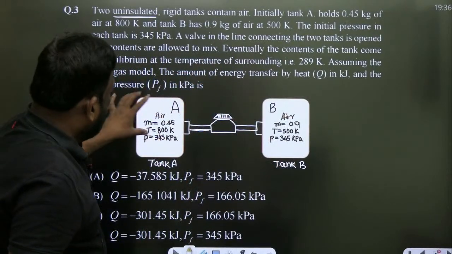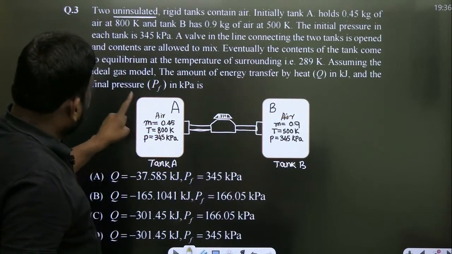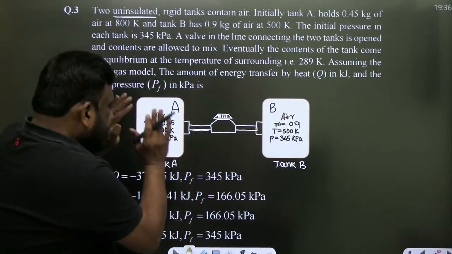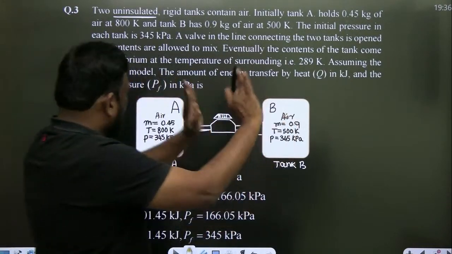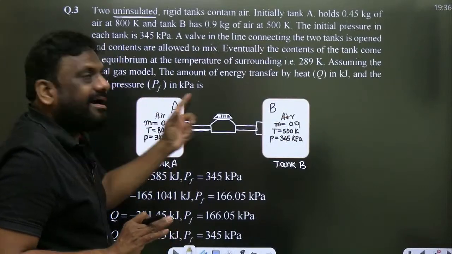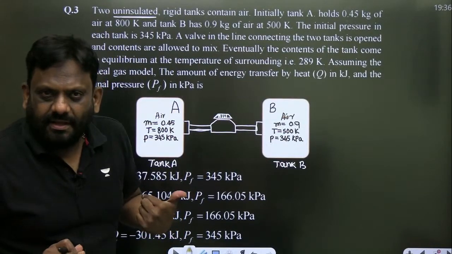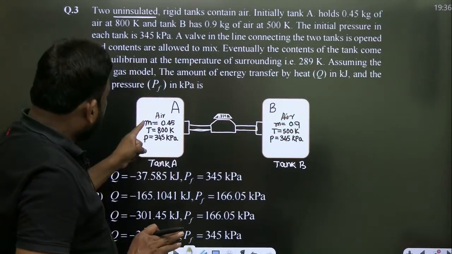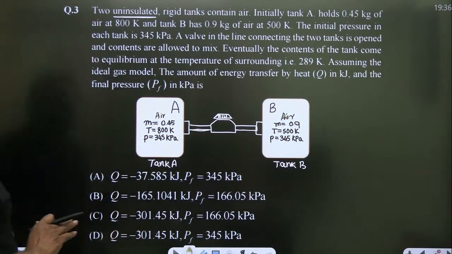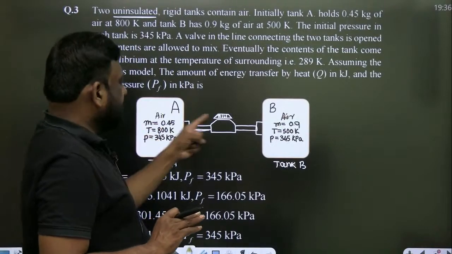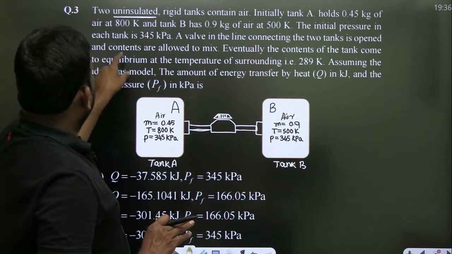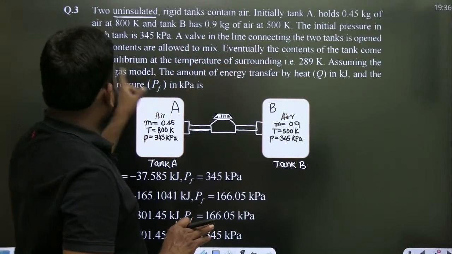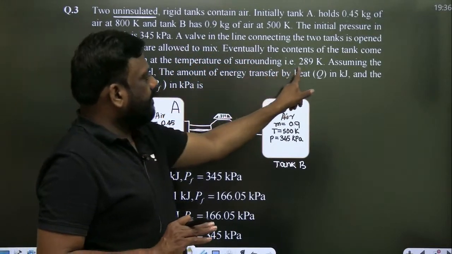Initially, tank A holds 0.45 kg of air. Listen carefully, this one has air, this one also has air, no problem. But these are at different states. The pressure here is different, and here, well, the pressure is the same. Temperatures are different. Okay sir. Now he says, look, this mass is different, this mass is different. Now the valve is opened. Eventually the contents mix, and the final equilibrium temperature is 289.